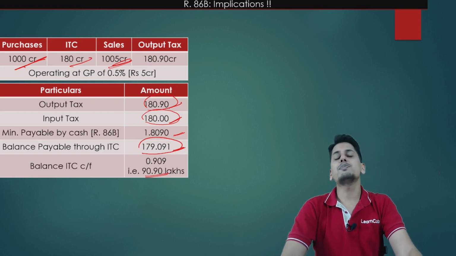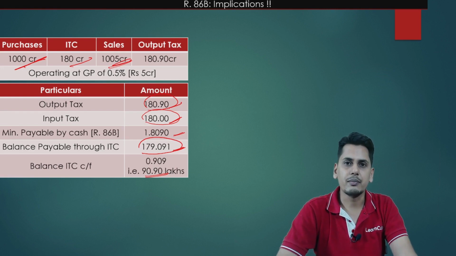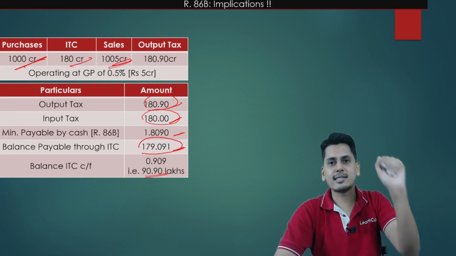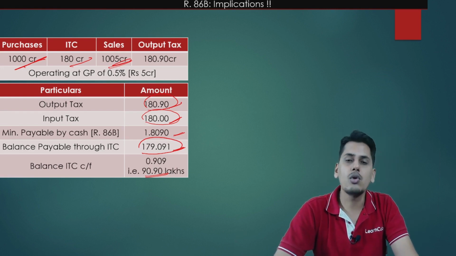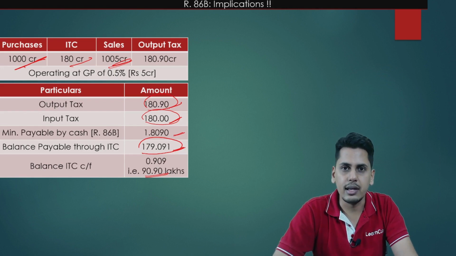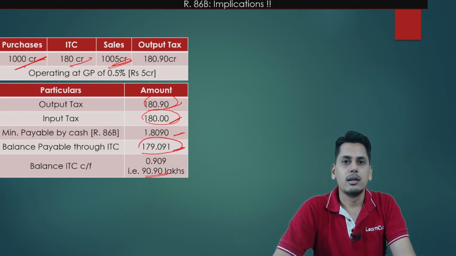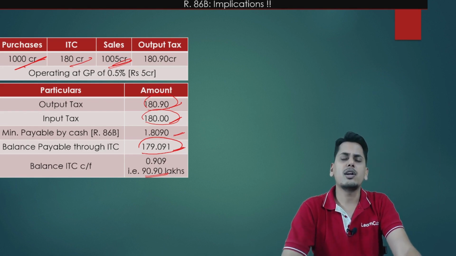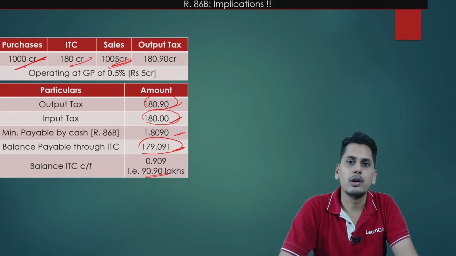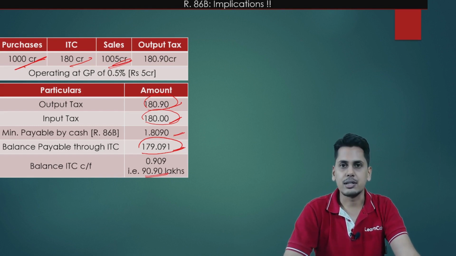Now friends, this person has a problem. He says to the government, when can you ask me to pay 1% of my output tax liability? When can you ask me? The person agitates to the government, stating that when can you ask me to pay 1% of my output tax from my cash ledger?